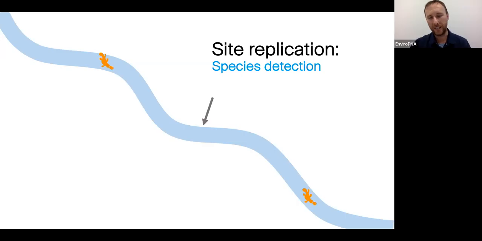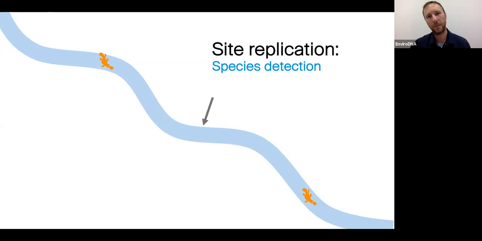If I sample at multiple points along this system, the more sampling events I do, chances are I'm going to detect them somewhere along that system. This is more about whether platypus occur within this river system rather than at a particular point, so having that site replication is really important.